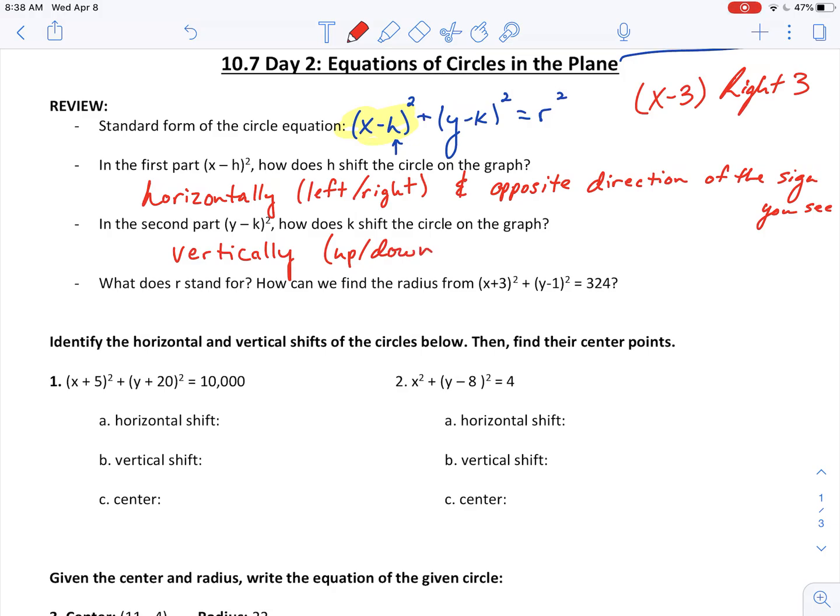And in that second part, y minus k squared, k shifts it vertically, up, down, and still the opposite sign.